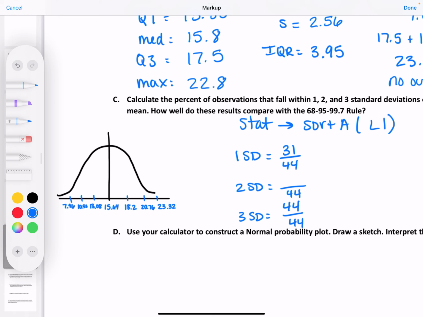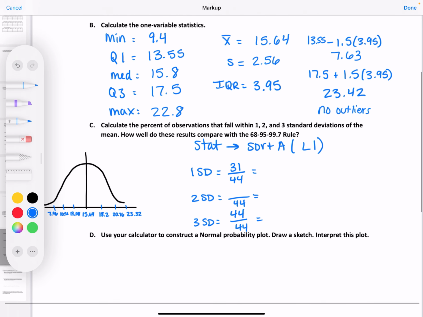Or you can recount. 11 plus 31. So then divide those out and see what the percentages of these end up being.